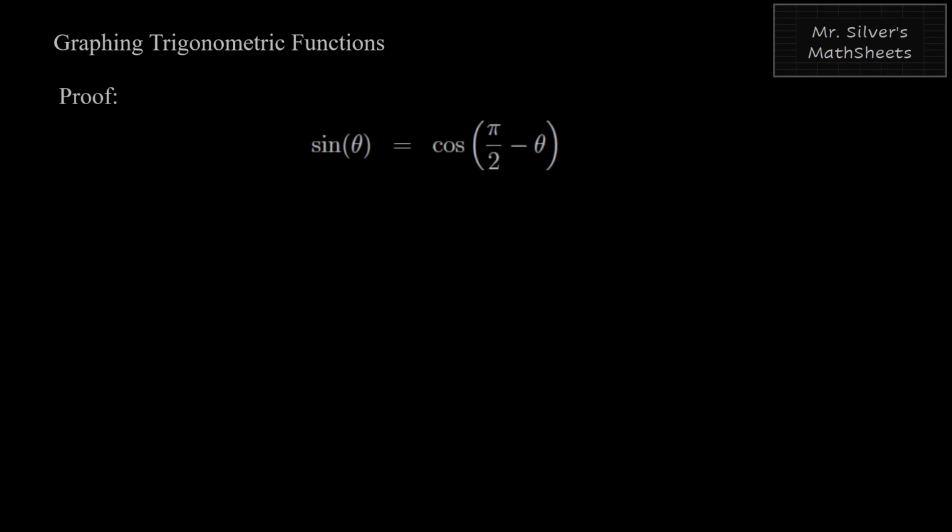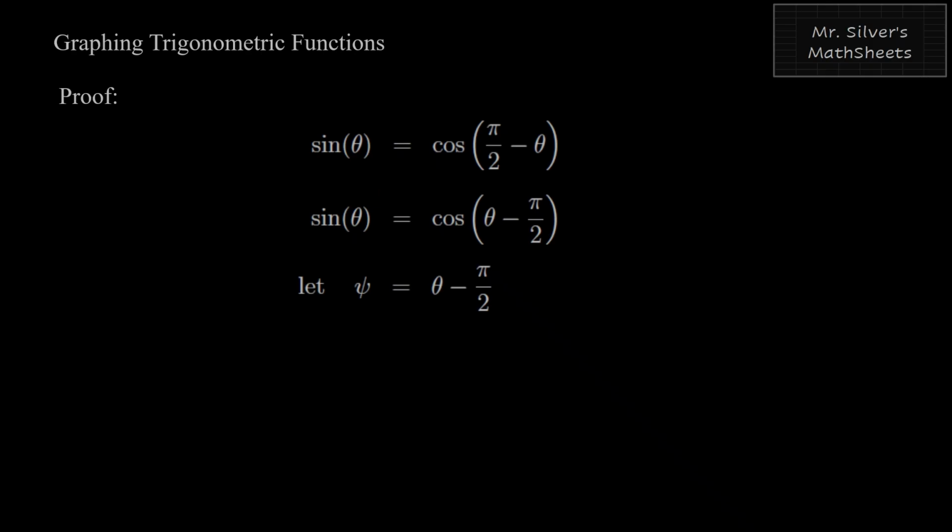So sine of theta is cosine of pi over 2 minus theta, but that's minus theta, that's negative theta, that's not what we wanted. We can use that cosine of minus x is equal to cosine of x to switch it around. Okay, that's good in one direction. Now we'll do a substitution.